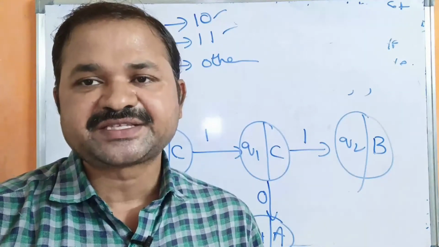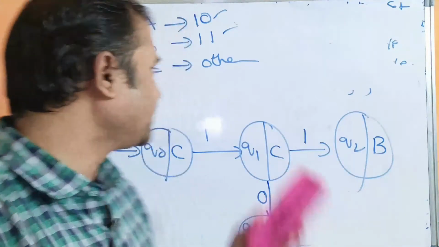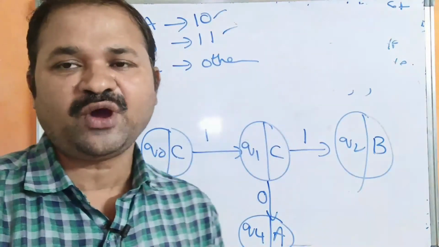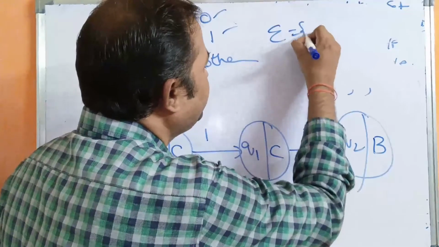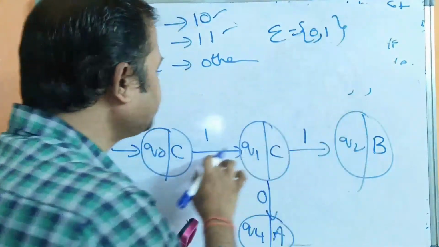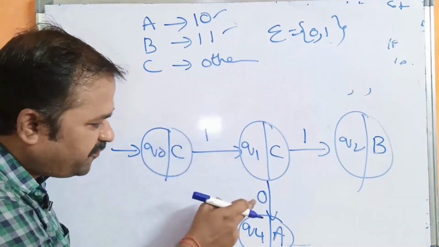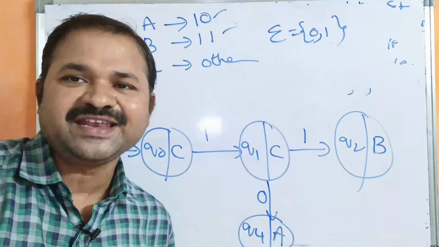DFA means each state must use all the symbols present in the alphabet. Here the input alphabet contains two symbols, 0 and 1, so we have to use those two symbols. Input alphabet symbols are 0, 1, whereas output alphabet symbols are A, B, C. Before 10 or before 11, we can have any number of zeros.